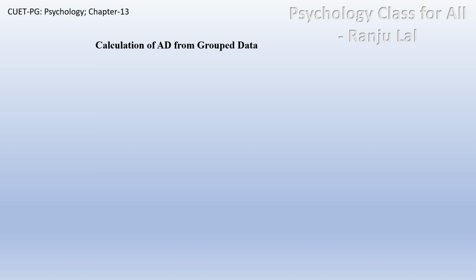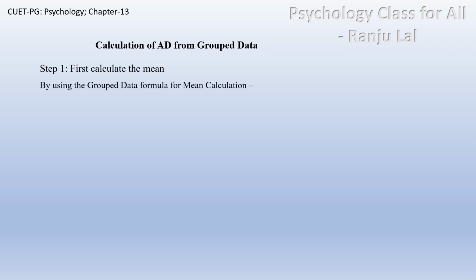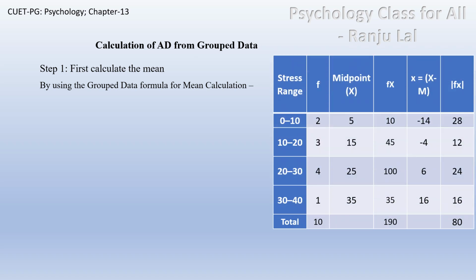Now let's see how this works with grouped data like stress scores. First we'll calculate the mean using the grouped data formula, and the table will have more columns other than stress range and frequency. So first of all we calculate the mean from grouped data using the formula summation fx divided by n. Here it will be 190 divided by 19.